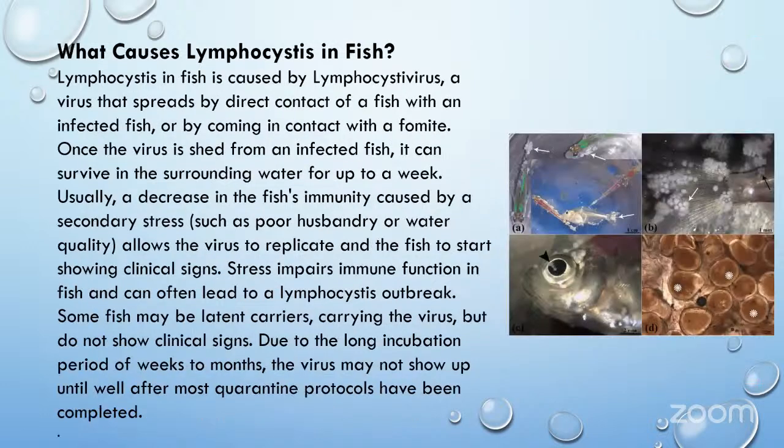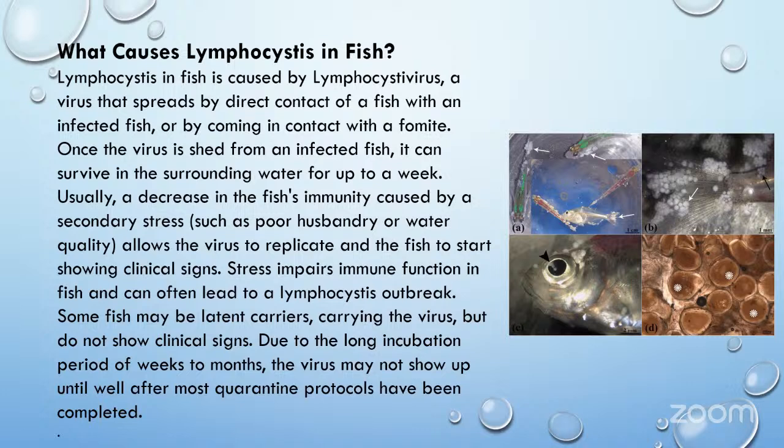Now, what are the causes of lymphocystis? It is caused by lymphocystis virus, a virus that spreads by direct contact of a fish with an infected fish or by contact with a fomite. Once the virus is shed from an infected fish, it can survive in the surrounding water for up to a week.